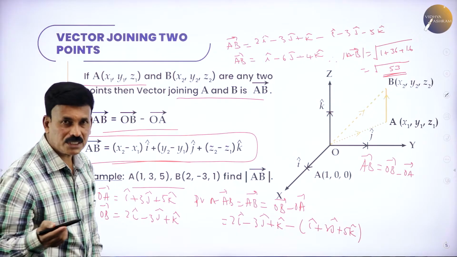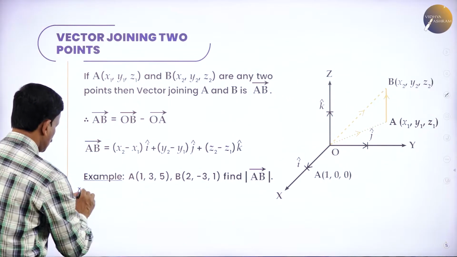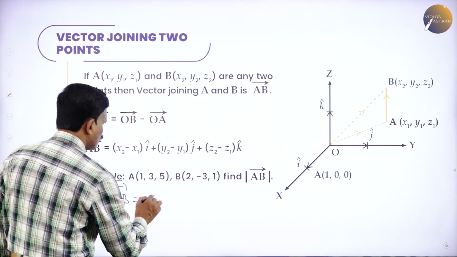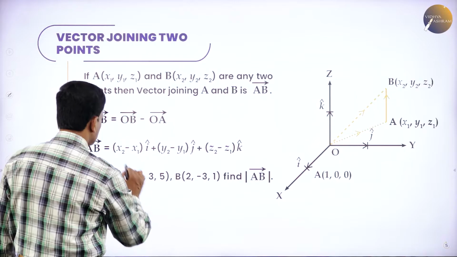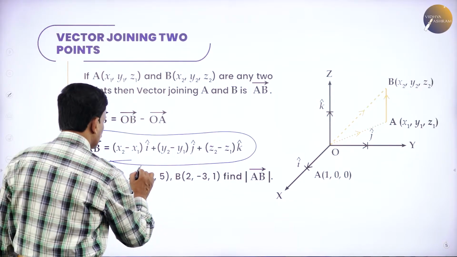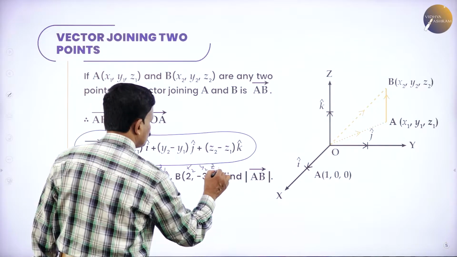I'll take one more method, the second method. We can also write vector AB is equal to, using this formula, (x2 minus x1) i. This is x1, y1, z1 and this is x2, y2, z2.